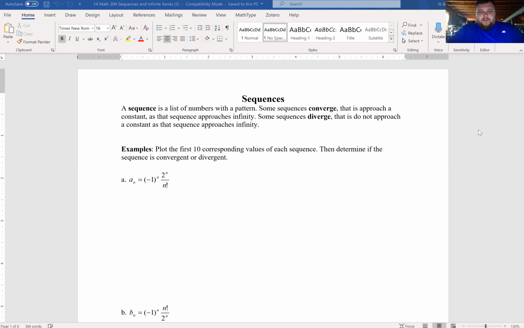So these first two problems here ask us to plot the first 10 corresponding values. So I'm going to go ahead and do that in Mathematica.